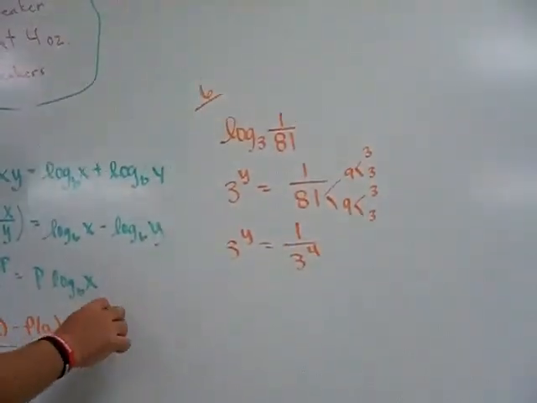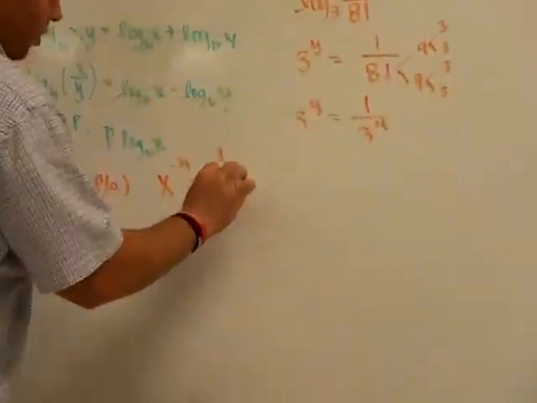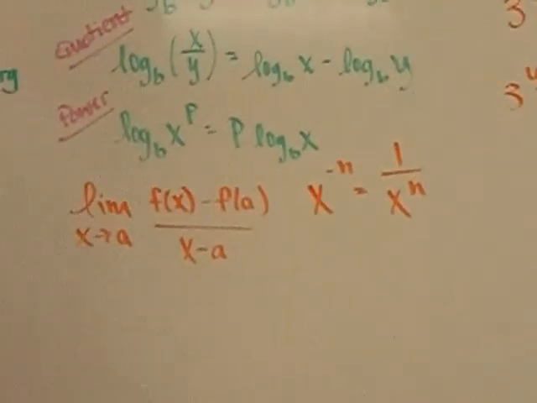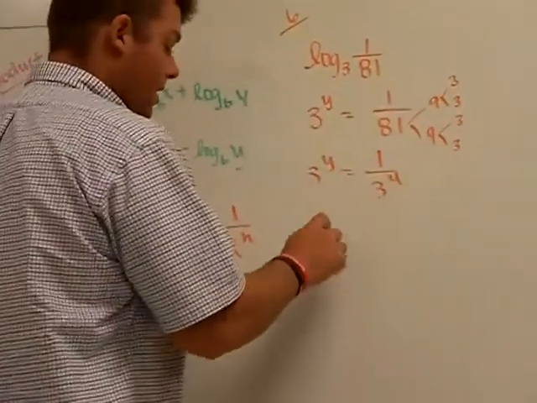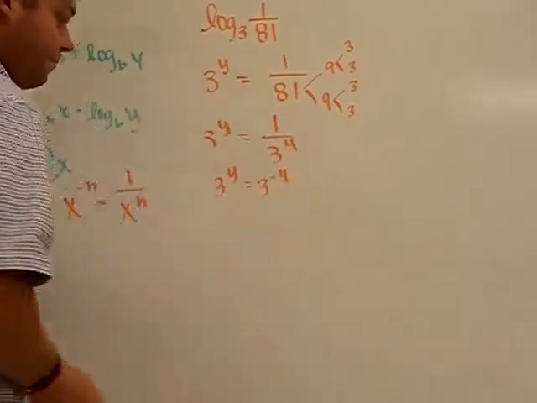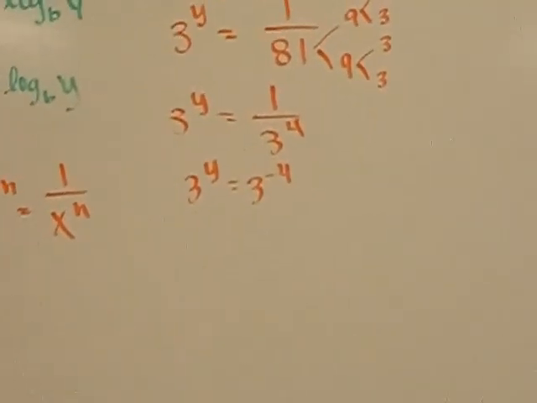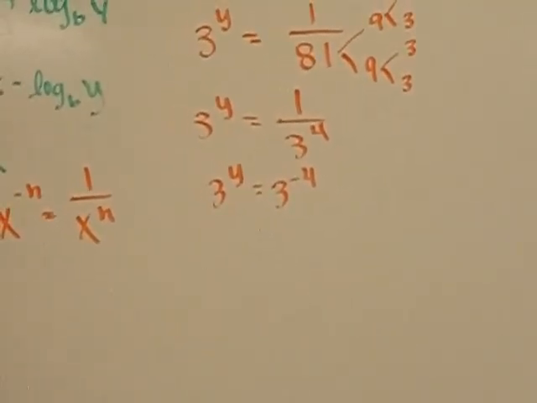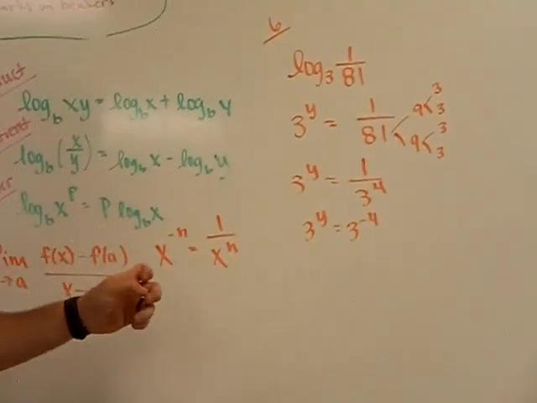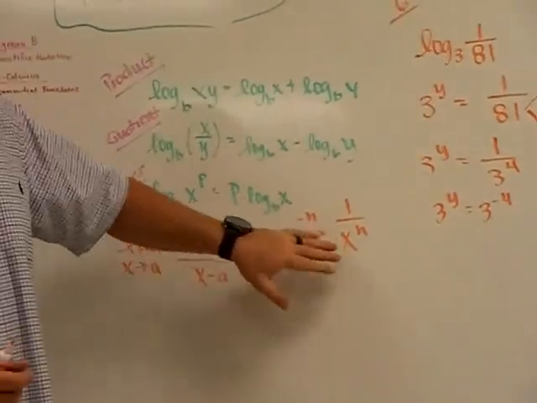Because, tell me this, if you have any x raised to a negative exponent, will that not make 1 over x to that positive exponent? So just go in reverse. Take this 4, make it negative. You have 3 to the y equals 3 to the negative 4. So you just made it negative in that one house. This is the definition of negative exponents. So let's work in reverse.